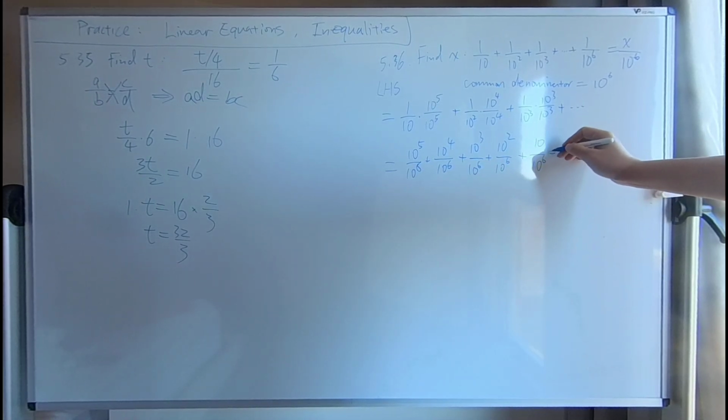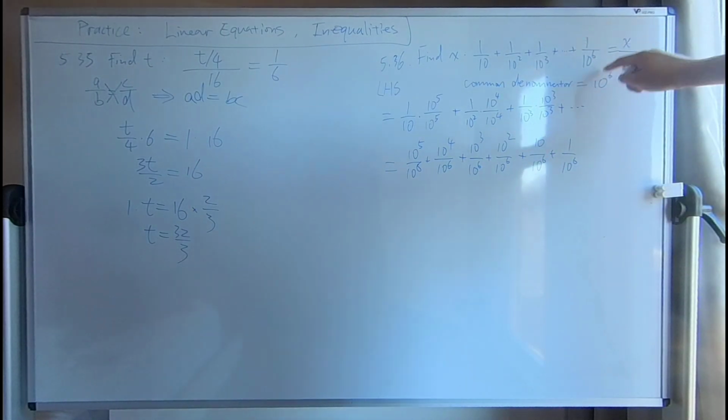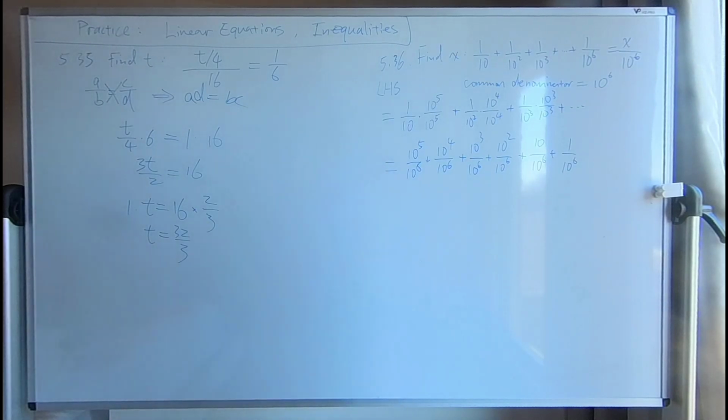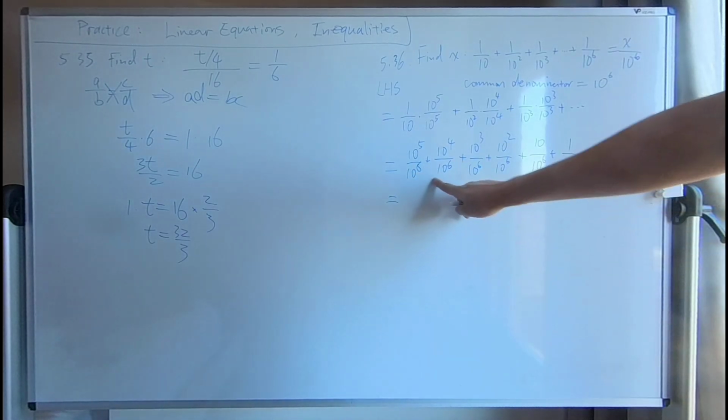I follow the pattern until the very last term, which is just 1 over 10 to the 6th power. This one already has the denominator of 10 to the 6th power, so you don't need to multiply by any additional multiple of ten. Then I have the same denominator.